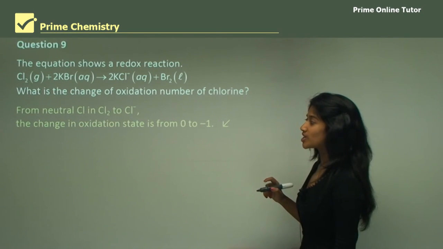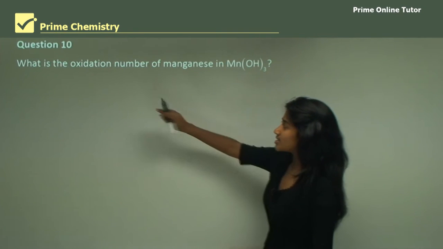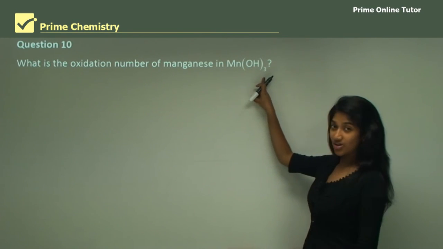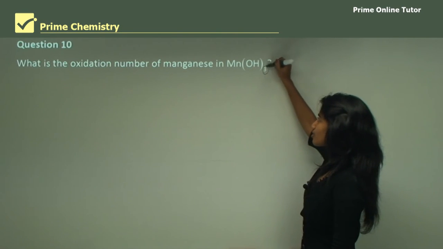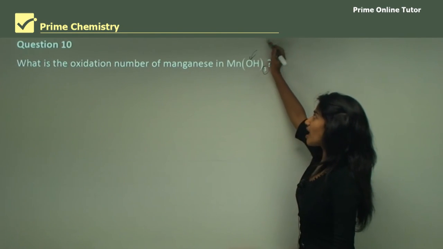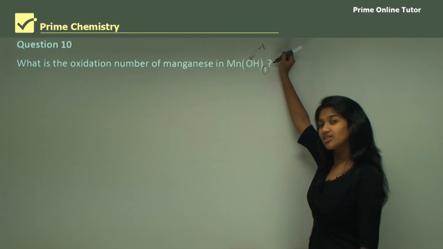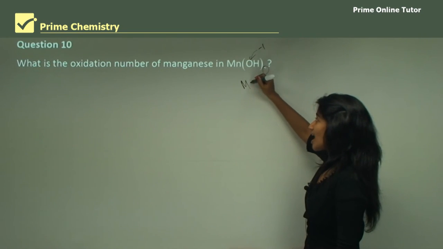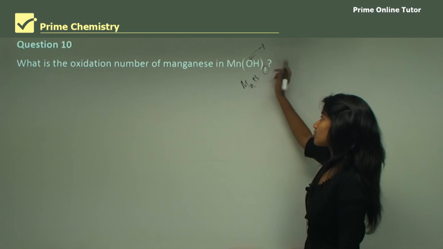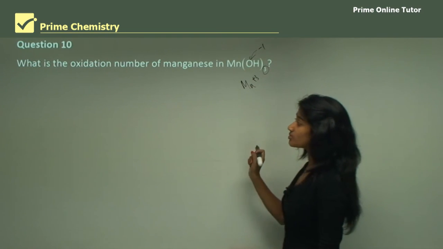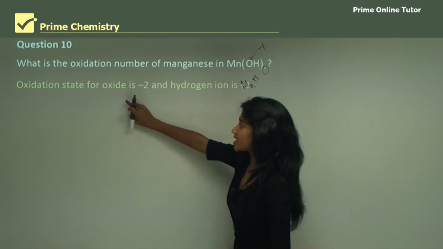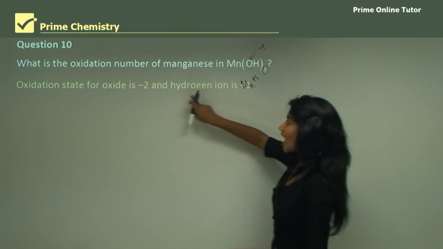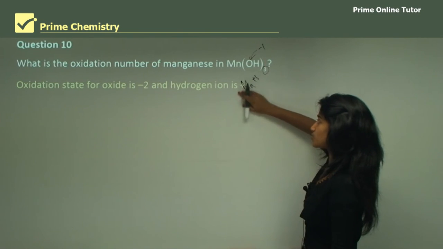Now let's move to question 10. What is the oxidation number of manganese in manganese hydroxide? Note there is a 3 here. We know that the hydroxide ion has a valency of -1, meaning that manganese has a valency of +3 in this case. The oxidation state for oxide is -2 and for hydrogen is +1.